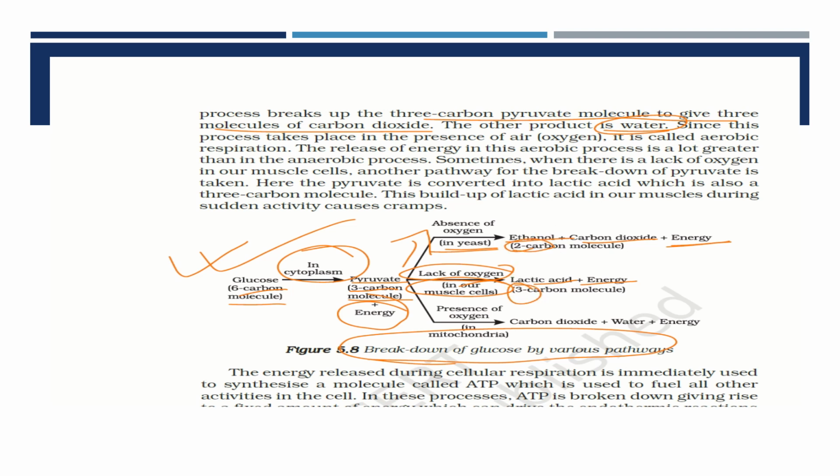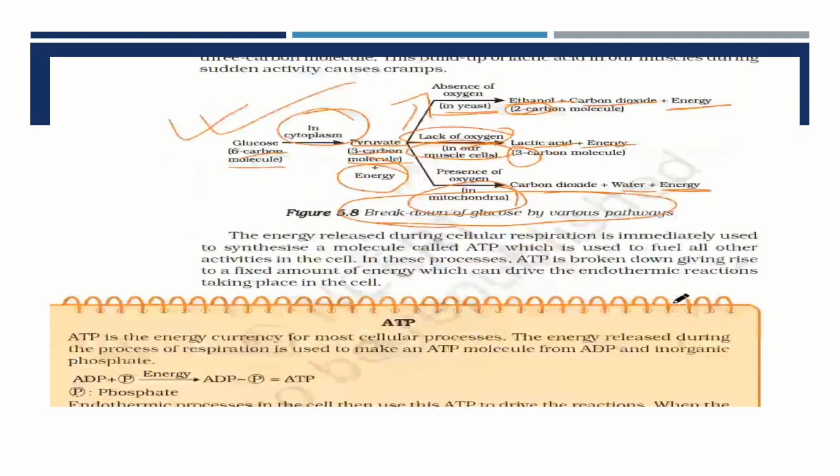Now what is happening in presence of oxygen in mitochondria? In presence of oxygen in mitochondria, carbon dioxide, water and energy is produced. All these carbon dioxides produced in respiration are exhaled through the process of expiration. The energy released during cellular respiration is immediately used to synthesize a molecule called ATP, which is used as a fuel for all other activities in the cell.